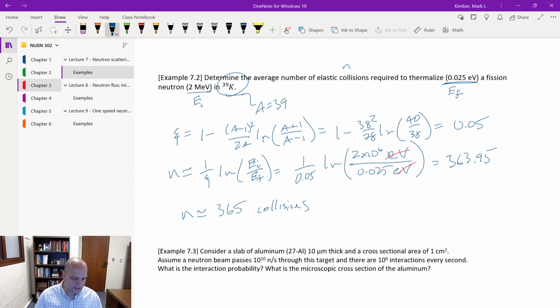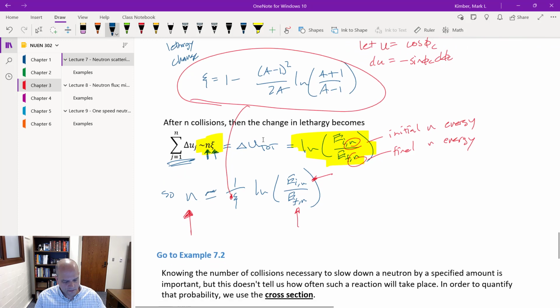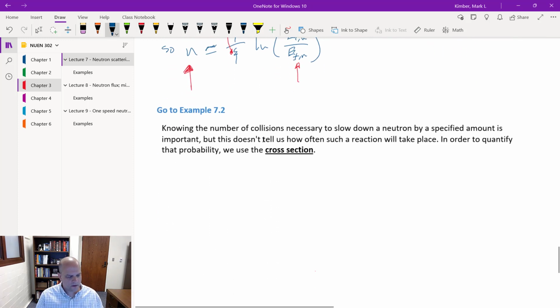And so that's the next topic that we're going to cover, trying to answer the question, well, that's nice that we now know the number of collisions, but I still don't know anything about how often those collisions are going to take place. So I don't know how long it's going to take me to get those 364 collisions in the potassium, as an example.